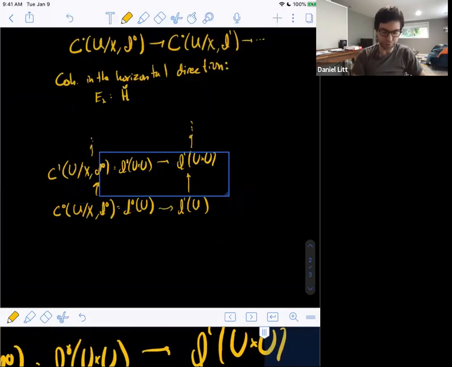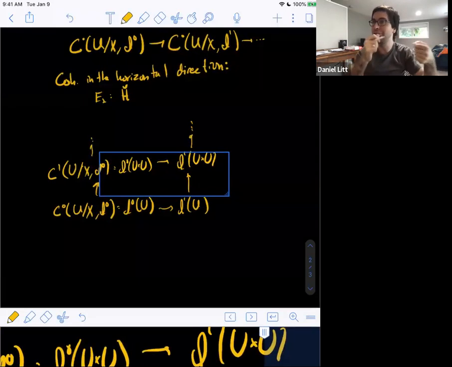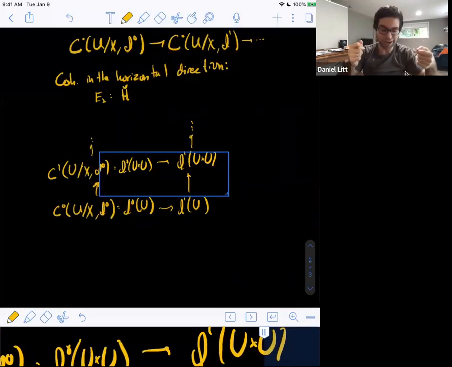So what are we doing? We're taking global sections of this injective resolution and then taking their cohomology, right? That's also known as derived functor cohomology on U^n, right?